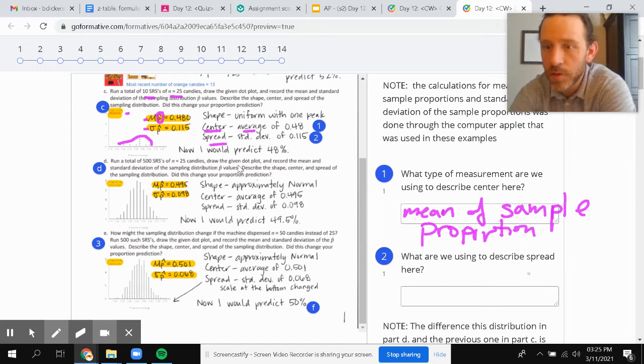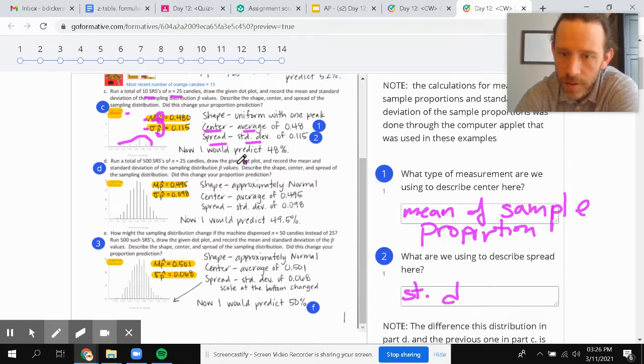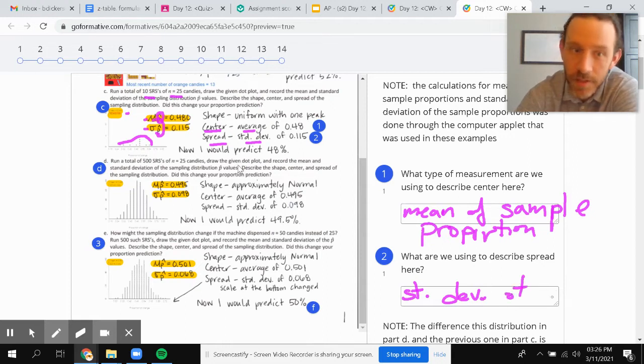It's important to be able to know that symbol. Spread was standard deviation. That's what they use for spread, but it's not just any old spread, it's the spread of p-hats here, which is the standard deviation of our sample proportions. So I'll do ST for standard, DEV for deviation of sample proportions. So we're bringing in that concept and that context here.